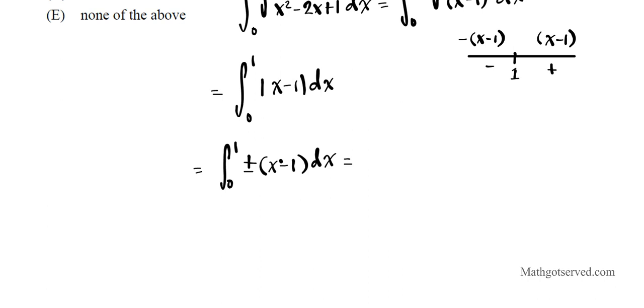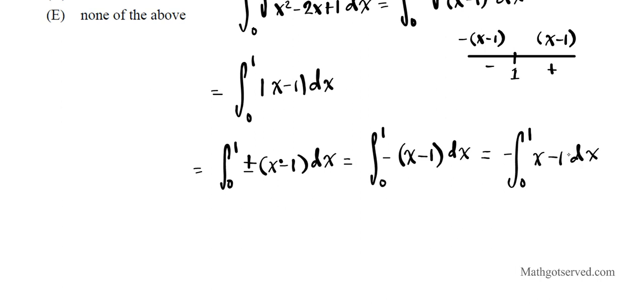But since we're to the left side of where the sign change happens, it becomes negative, the integral from 0 to 1 of x minus 1 dx. We can factor out this minus and write this as negative integral from 0 to 1 of x minus 1 dx.